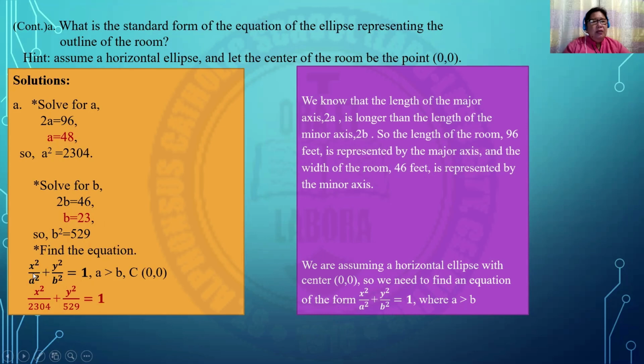All you have to do is substitute the value of a squared, which is 2,304, and the value of b squared, which is 529. So the standard equation of the ellipse representing the outline of the room is x squared over 2,304 plus y squared over 529 equals 1.